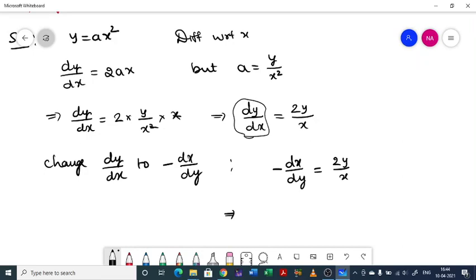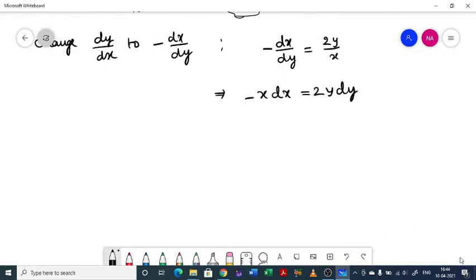Now separate the variables. You will be getting minus x into dx equal to 2y into dy. Now integrate both sides. You will be getting minus x square by 2 equal to y square plus c, or you can have x square by 2, taking this to this side, x square by 2 plus y square plus c equal to 0.